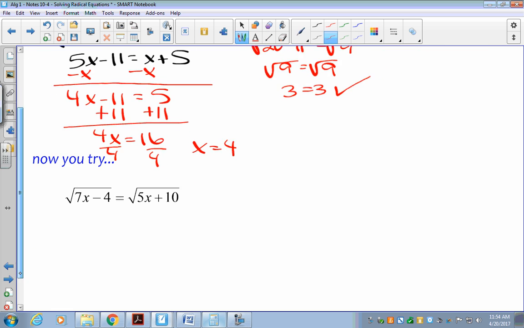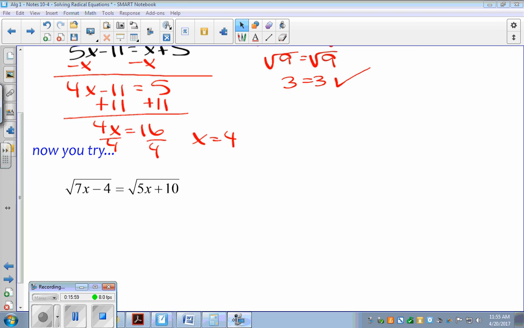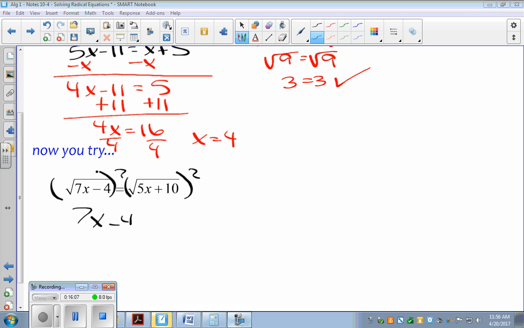Okay, you guys take about 30 seconds to do this problem here. All right, when we square both sides, we get 7x minus 4 equals 5x plus 10.